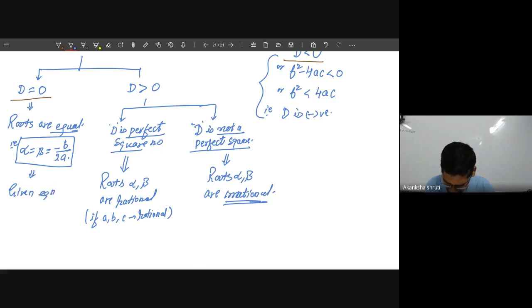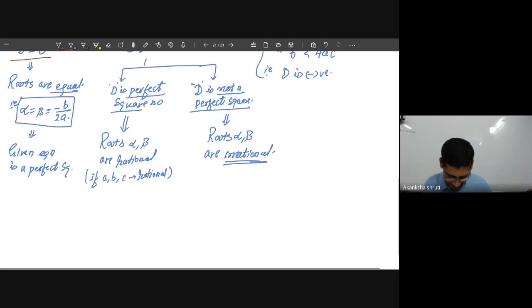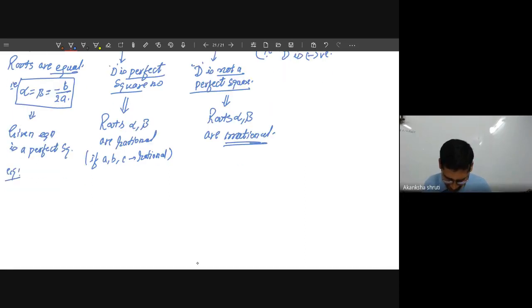So write that one also: the given quadratic equation is a perfect square. What is an example? Say x square plus 4x plus 4 is equal to 0. You have to get the value of x.